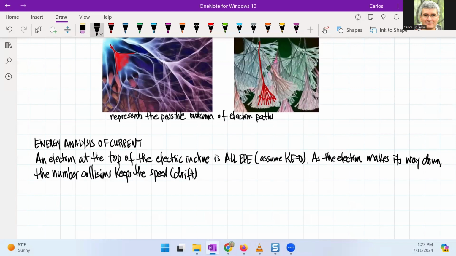It keeps the speed constant. And that's unbelievable. It keeps the drift speed constant and therefore does not increase kinetic energy. In other words, the change in kinetic energy is zero.